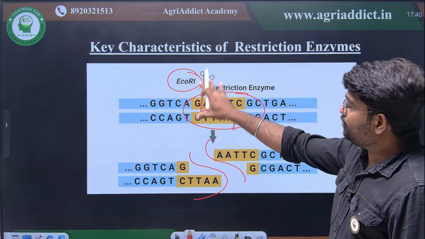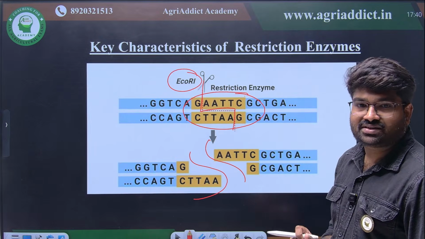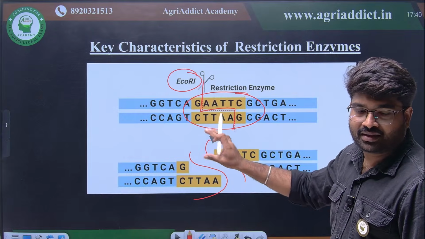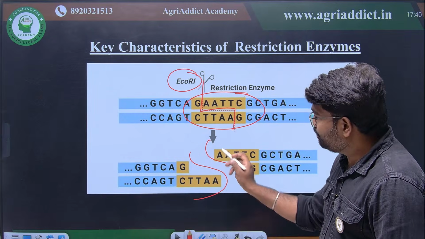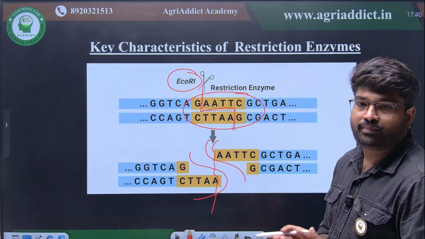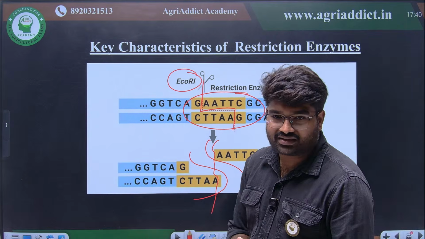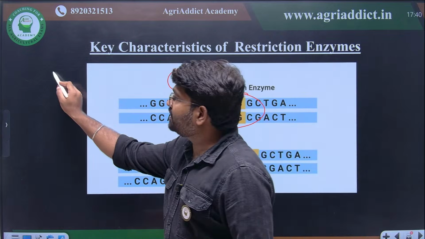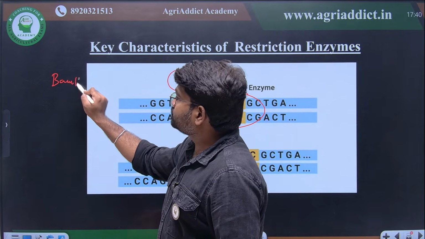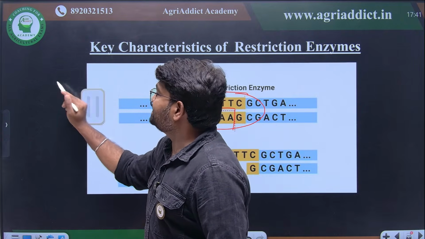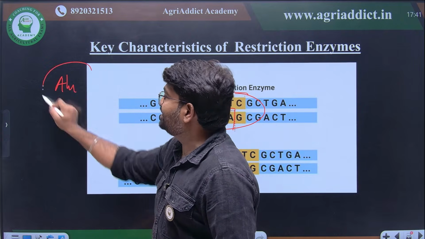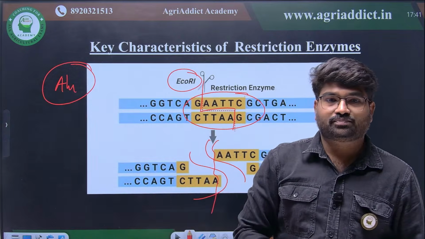Okay, EcoR1 will produce sticky fragments after cleaving. Some restriction enzymes will produce blunt ends after restriction. The typical example is AluI. Okay, this is the typical example that will produce blunt ends.